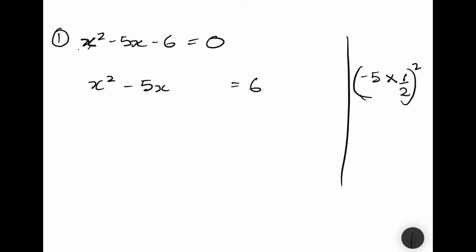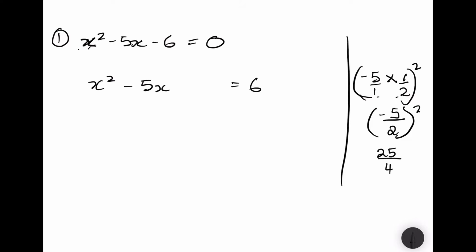So negative 5 times a half. Remember, negative 5 is the same as negative 5 over 1. So we're multiplying fractions there. Negative 5 times 1 is negative 5, and 1 times 2 at the bottom gives us 2, and we square that, right? Of course, what you get there is going to be 25 over 4, if you agree with me.